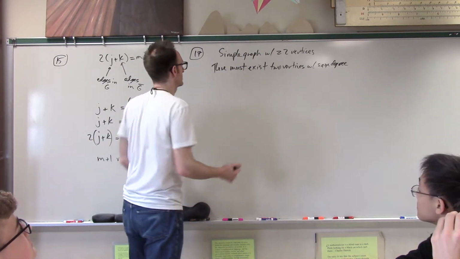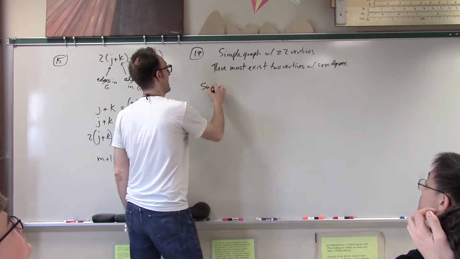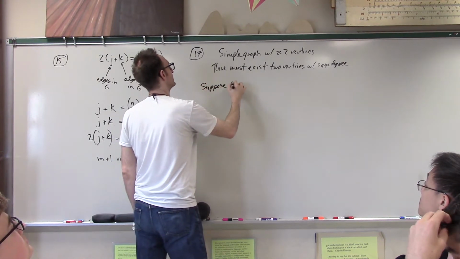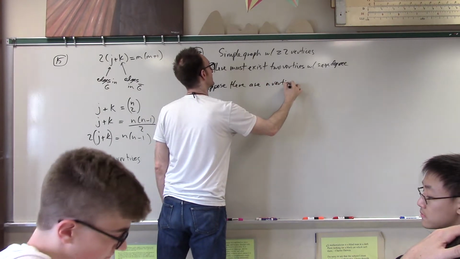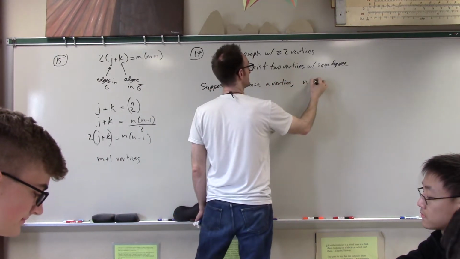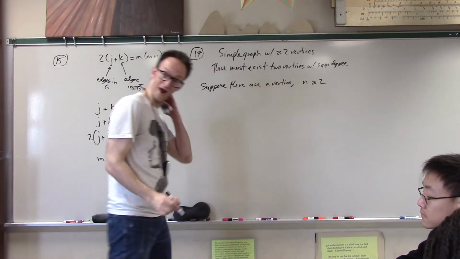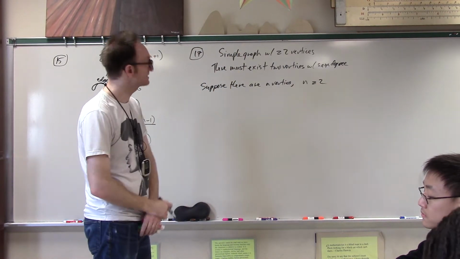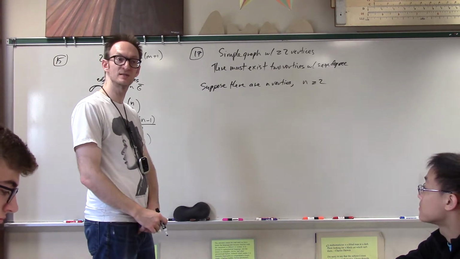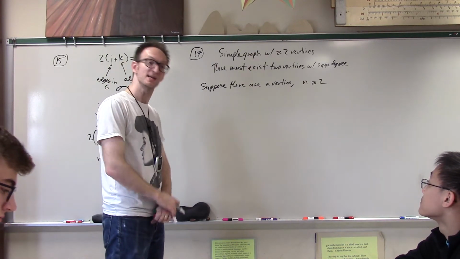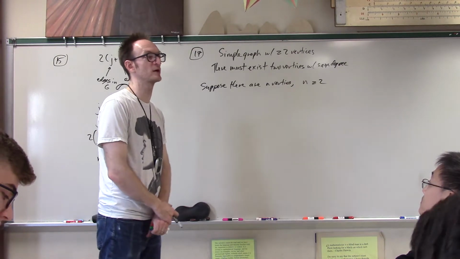Suppose there are n vertices, and n is greater than or equal to 2. Is it possible for everyone to have a different number of friends?